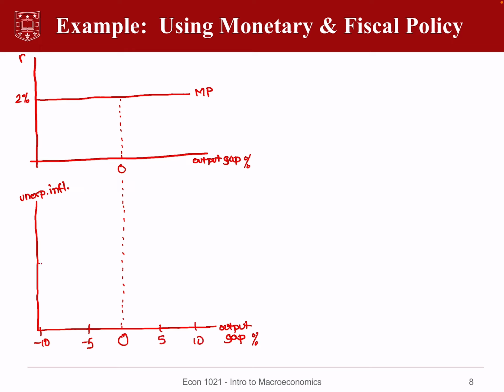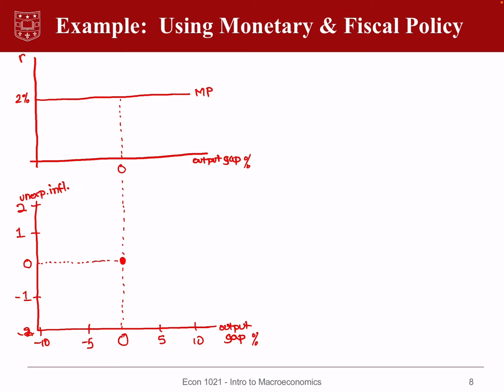And again, out of good habit, when there's 0 unexpected inflation, that's going to occur when we have no output gap, meaning actual gross domestic product and potential gross domestic product are the same. So that's one of our points on the Phillips curve. And that's a 2, minus 1, plus 1, and 2. So these are our numbers.